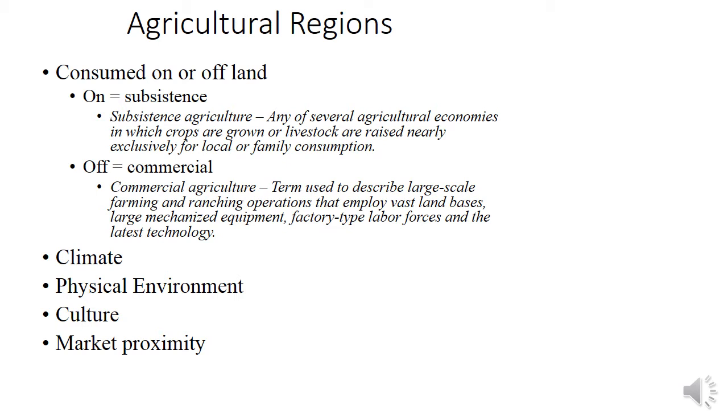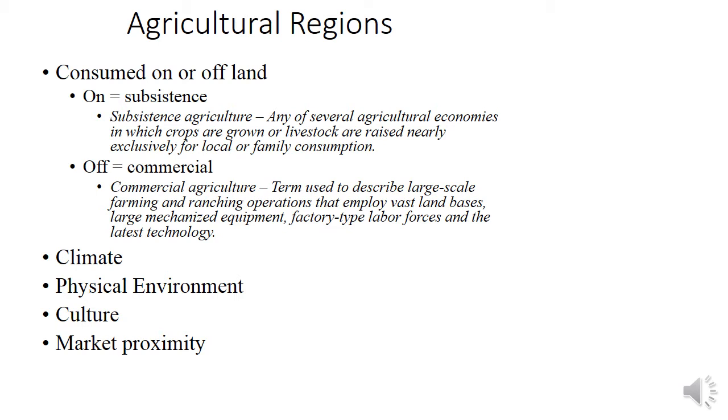And then the last one I'd have on here that's going to come up just for a couple of the kinds of agriculture we talk about, but is also a big factor of consideration for any commercial farmer, is market proximity. All right. The distance of your producing region from the marketplace. For some forms of agriculture, that takes precedence even over the climate, the physical environment, or anything like that, right?